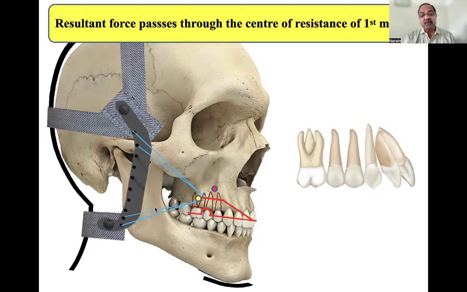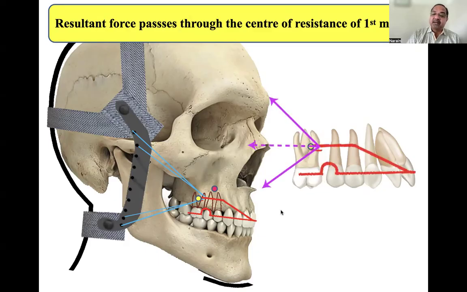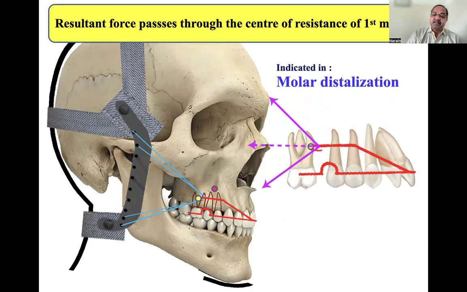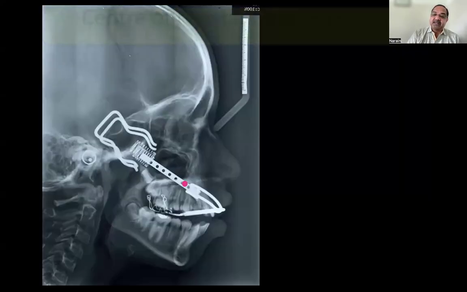So if I want distalization of the molar, then I can target the center of resistance of the molar. I will alter the shape of the outer bow so that it passes through the center of resistance. This will give me a bodily type of retraction, distalization of the molar. So it is mainly indicated in distalization of the molar.